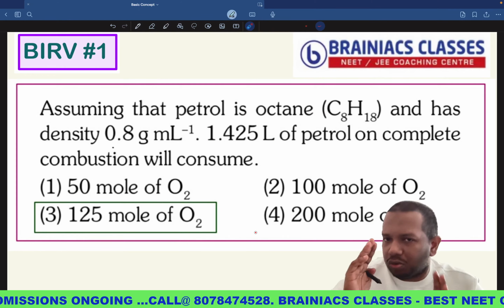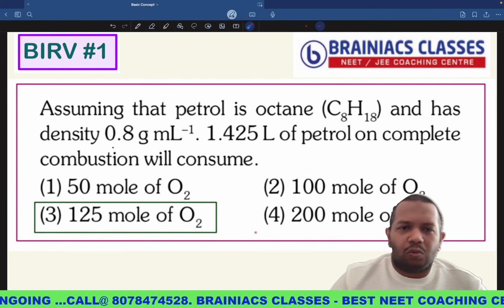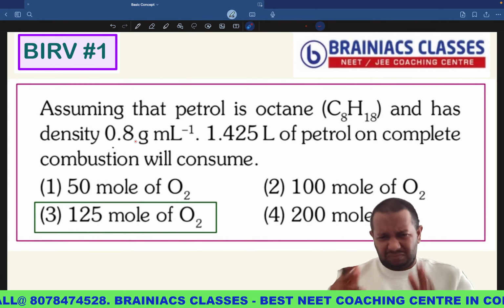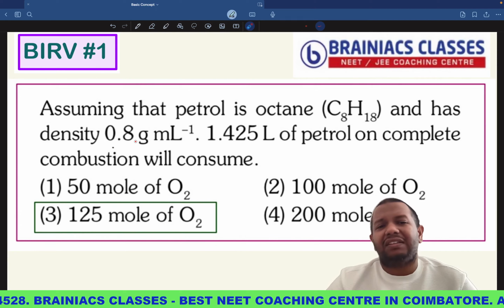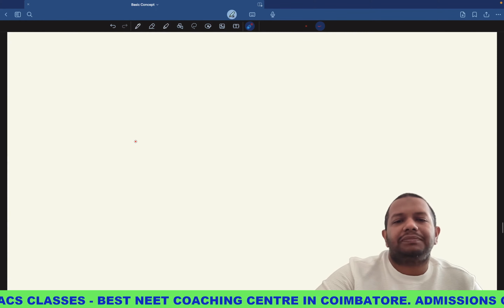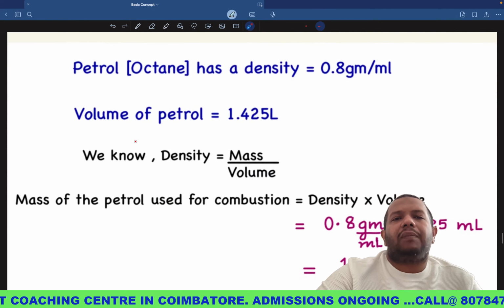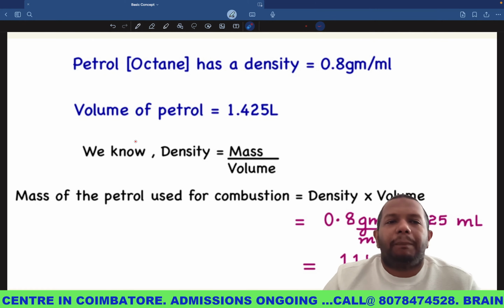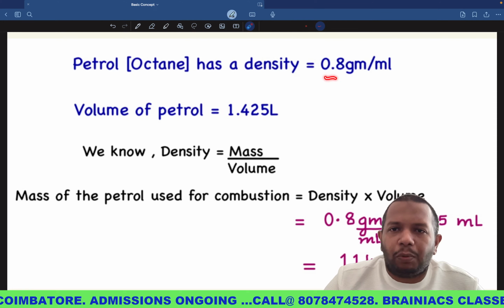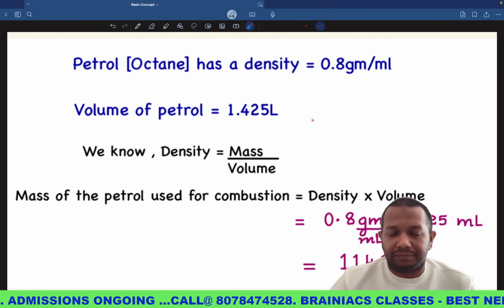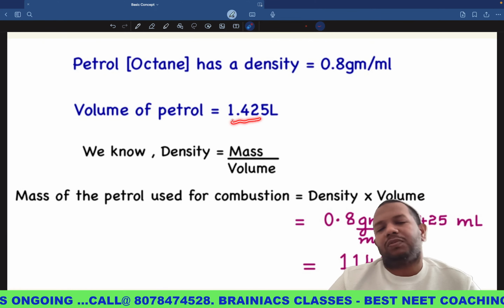Let's try to see how to solve this question. Why is this density given? Petrol or octane has a density of 0.8 gram per ml, and the volume of the petrol is mentioned.